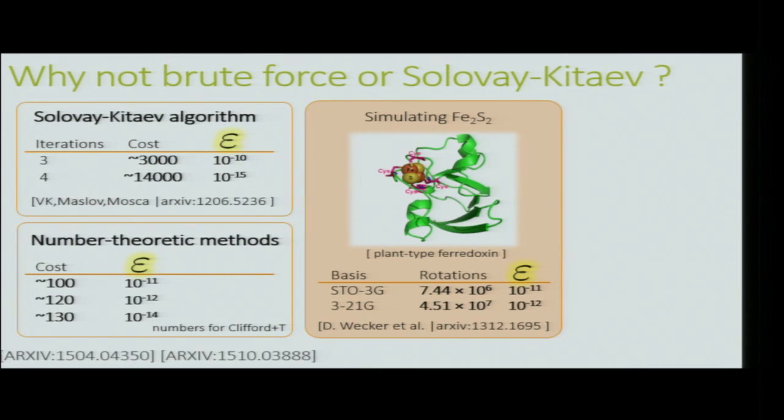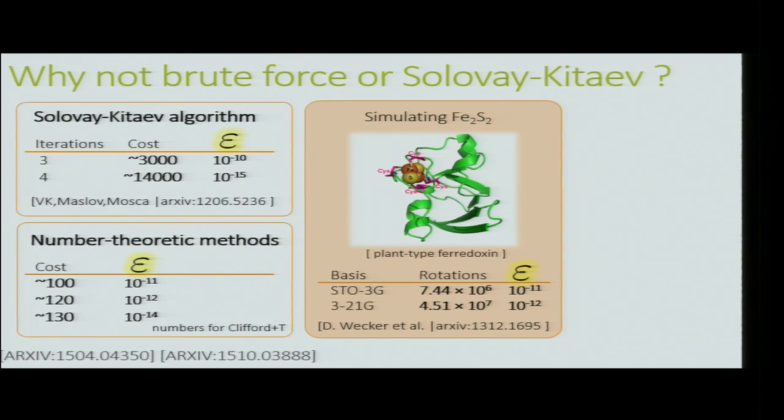One of the examples is simulating the spectrum, basically studying the spectrum of ferredoxin, which is related to the photosynthesis reaction. It is a very interesting molecule that people are trying to understand. It's important to understand the structure of this molecule to answer questions related to photosynthesis, for example.